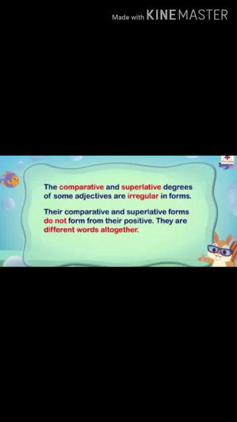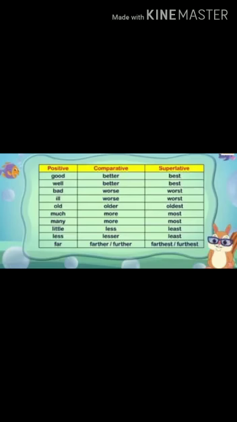But in some irregular forms, we cannot transform the positive word just like faster and fastest. So there is a list of adjectives which do not have regular comparative and superlative forms.